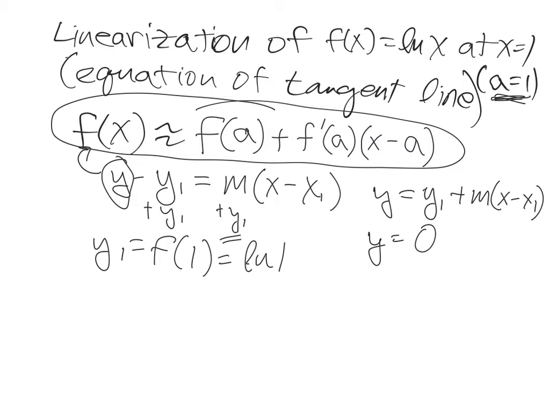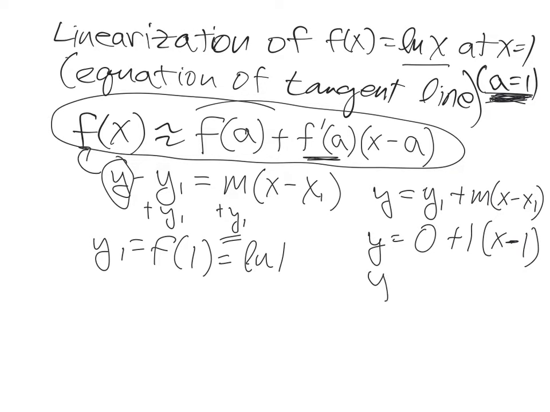And then the slope, well, like we saw in the approximation, derivative of natural log of x is 1 over x evaluated at 1. Slope would be 1. And then this is where the approximation is slightly different. Instead of just delta x, we have the x minus the a.